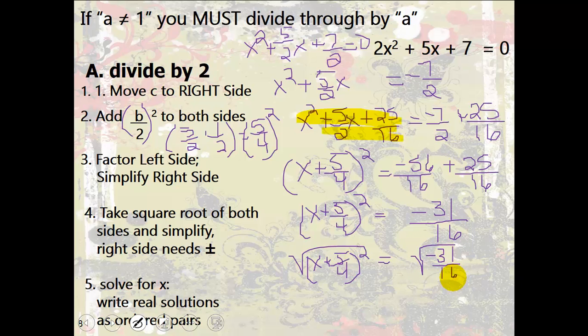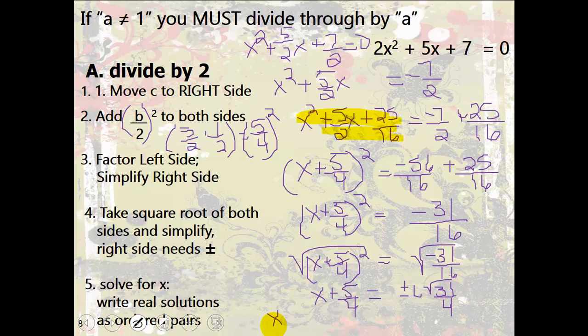Notice how your denominator is a perfect square. That's good. Notice how you have a negative under the radical sign, so that means you have an i when you simplify. So I get x plus 5/4 equals, I'm going to do a couple simplifications all at once. The square root of 16 is 4. I'm going to take my i out, so I get plus or minus i root 31 over 4. And so now this one I'm going to write with one common denominator.